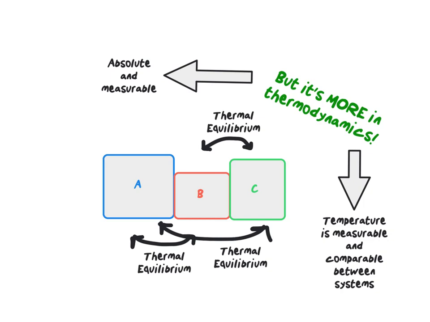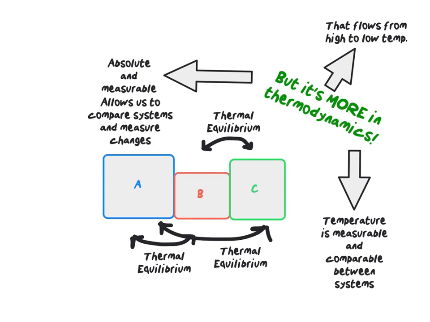In other words, it's not just a relative term, it's actually a description of the particles in contact with one another. I think also indirectly, it helps us establish the idea that heat flows from high temperature to low temperature, and eventually heat flow stops when thermal equilibrium is reached, where the temperatures are all the same.